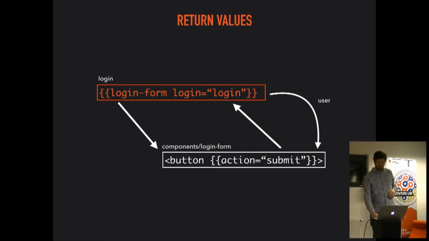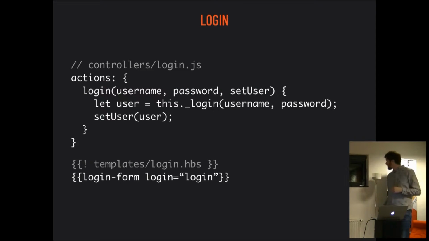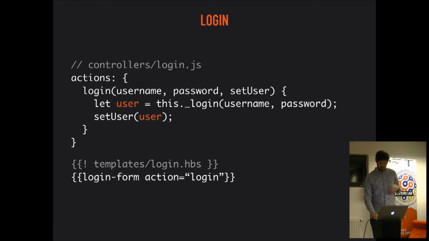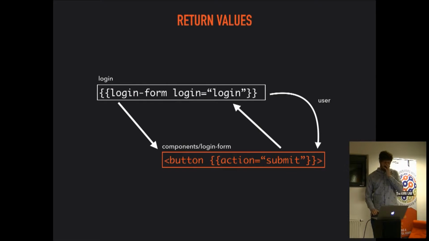In the login form, I've added the setUser parameter, and I call setUser with the user value that I get back from the login function. So let's look at that again, how that works.